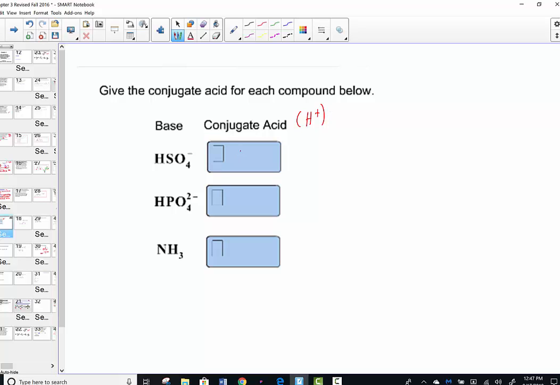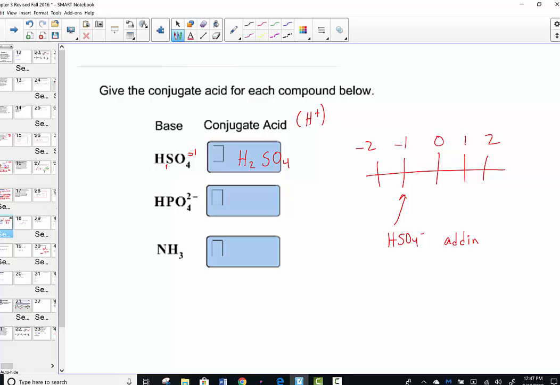We add one more hydrogen ion. So instead of just one hydrogen, it now has two hydrogens. It went from a -1 charge to no charge. Now remember on a number line, if this is 0, -1, -2, 1, 2, we're starting here on the number line with HSO4 negative.